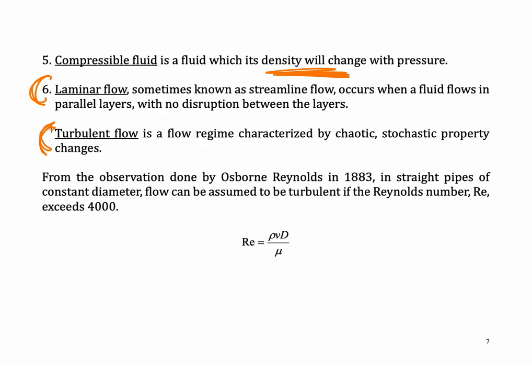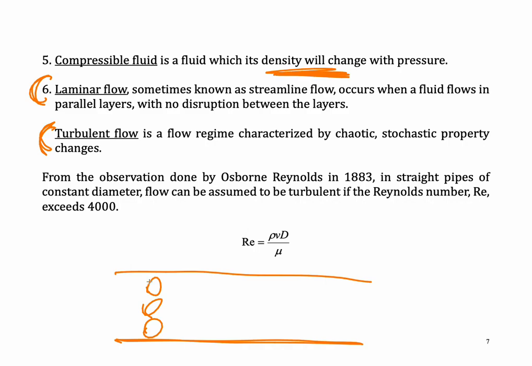Laminar flow means, for example, we have a pipe here and we have 3 molecules of fluid. Laminar means each fluid molecule will flow on its own path and does not cross each other's path.